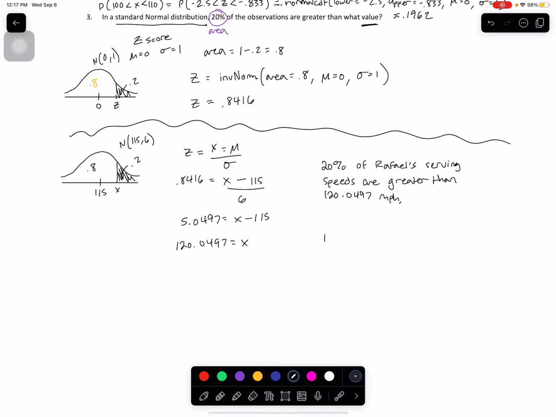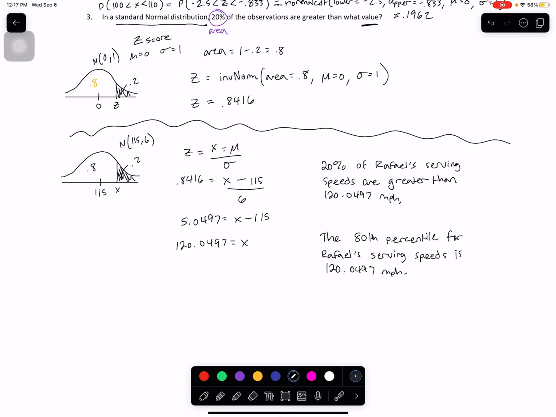You always want to word it the way that the question was worded, but this is also the same as saying the 80th percentile for Raphael's serving speeds is 120.0497 miles per hour.